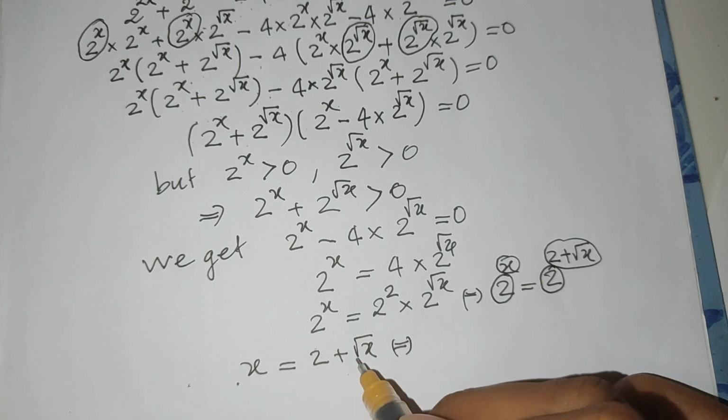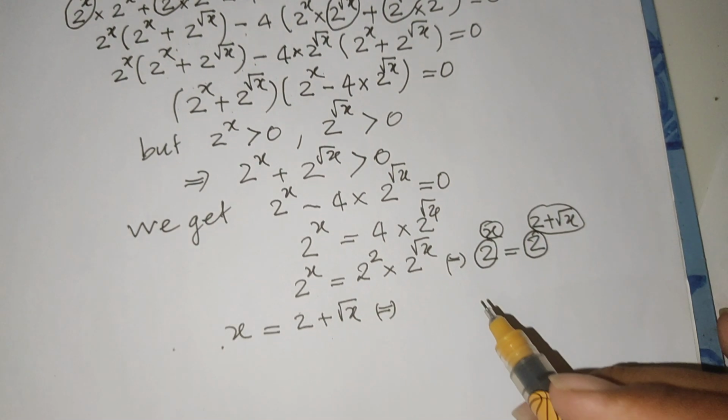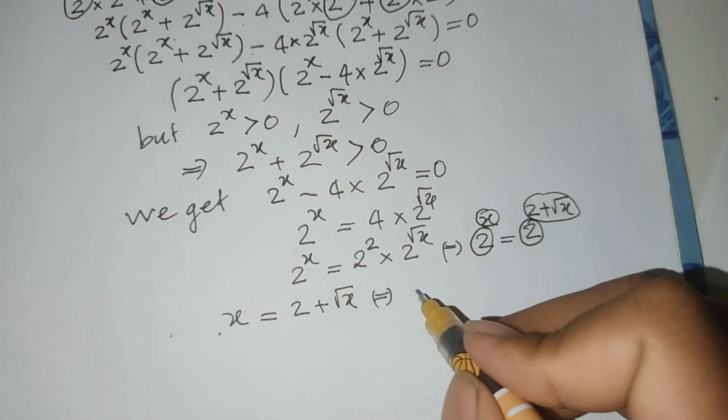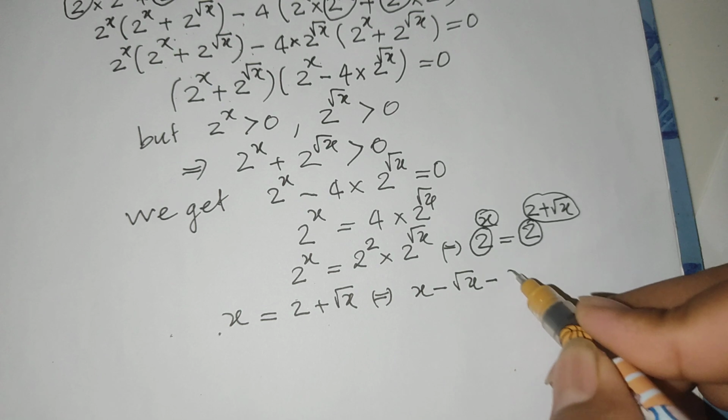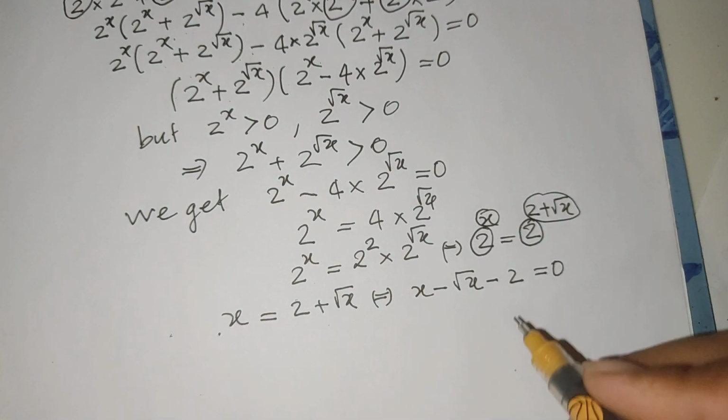And then I move it from the right hand side to the left hand side. So I can rewrite this equation as x minus square root x minus 2 equals 0.